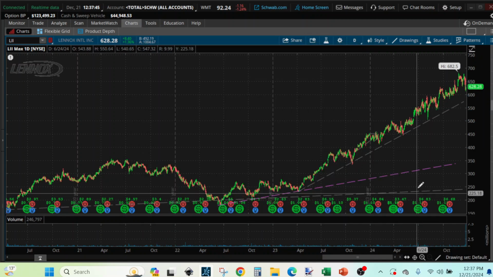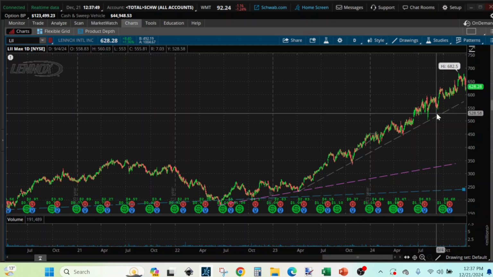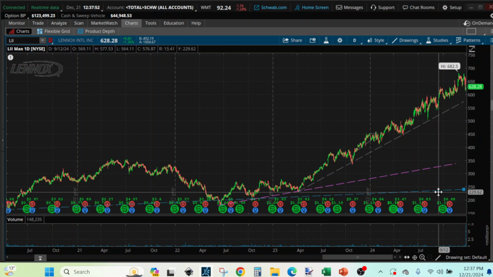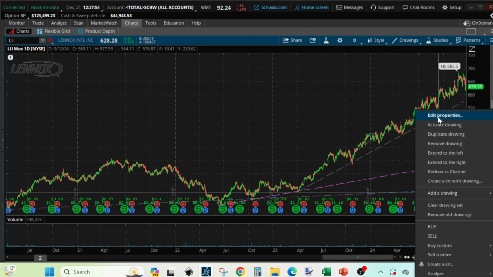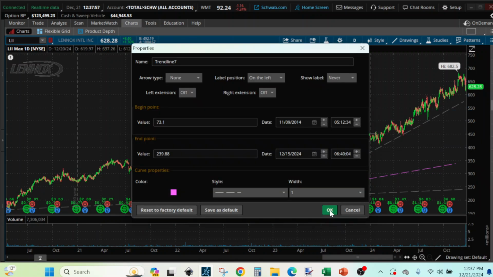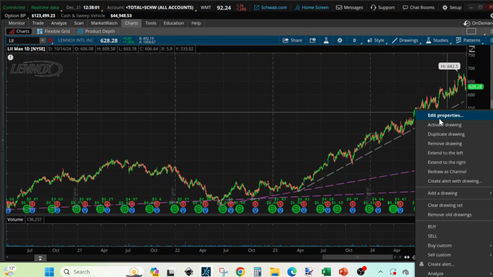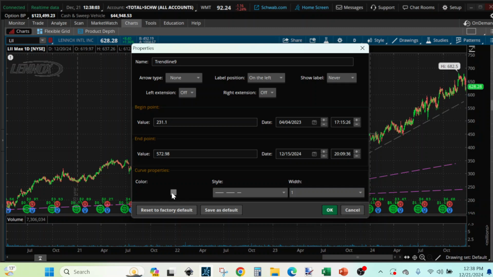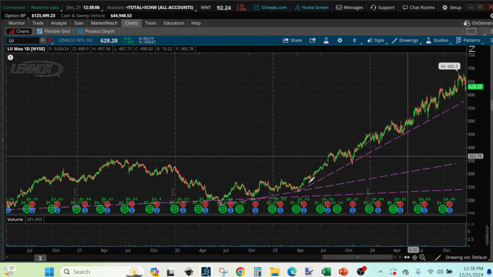So what I wanted to do, and now we are going to go with this one as well. And that is what a 1.5 type of trend line.